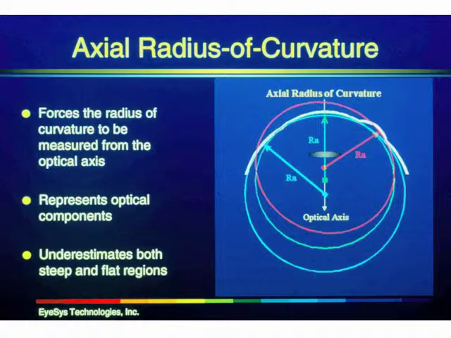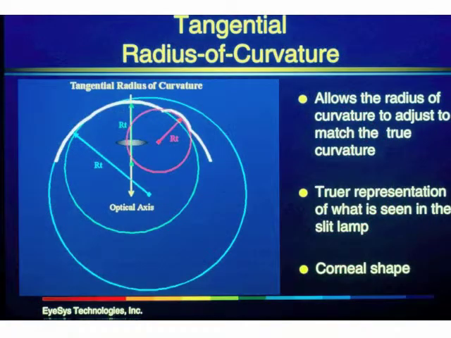And I'll show you later what I mean by that. But I certainly want you to see that the arc the axial radius of curvature draws maps the shape of the Salzmann's nodule much more poorly than in a tangential radius of curvature scheme. Now, let's see how this matters clinically.